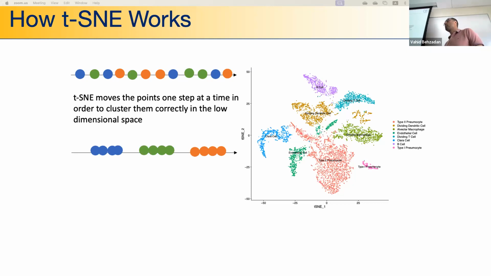Does it have to do with functionality as well? What do you mean? When you say these are lung cells, don't we call them lung cells not just because of the signature gene, but because of what they actually end up producing? Yeah, so each cell type, this is type 1 pneumocyte, that's type 2 pneumocyte.